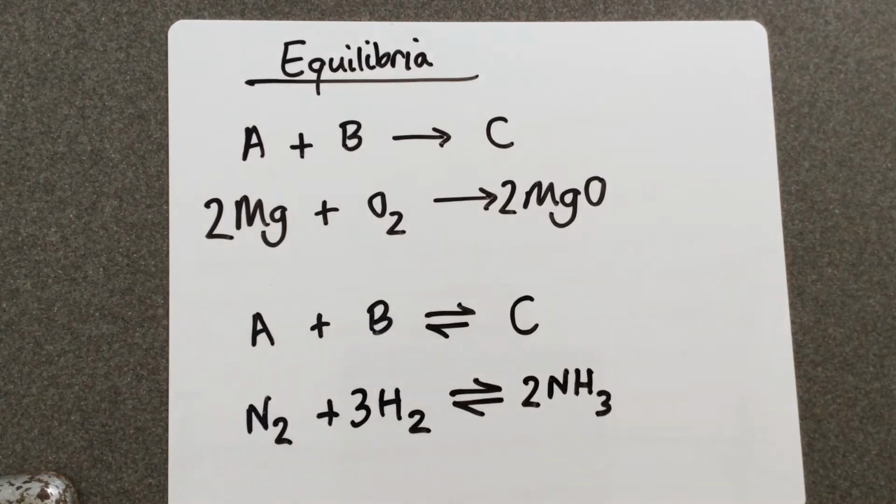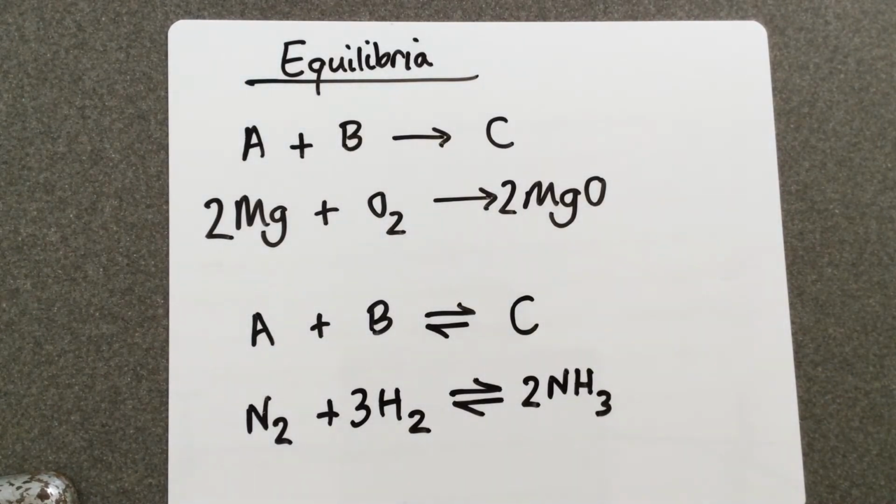People think you can get A and B, your reactants, and turn them into C. And at some later date, it's possible to get C and turn it back into the reactants, A and B. It's more subtle than that. Those two processes happen at the same time.